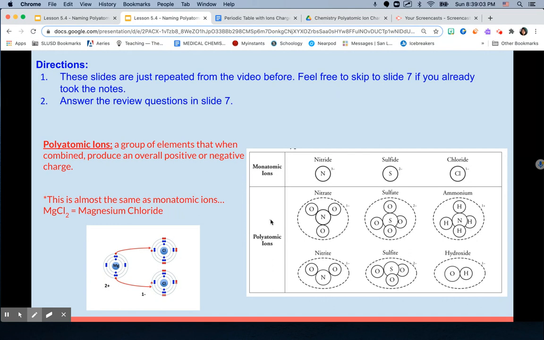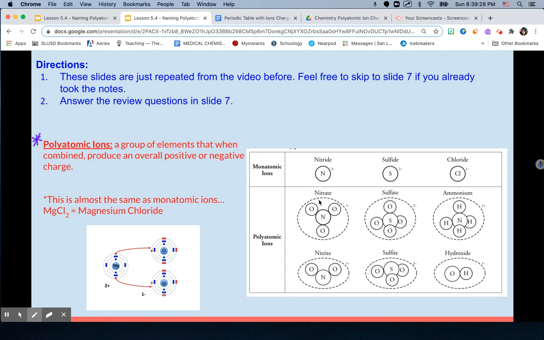And you might have noticed that the main difference between monatomic and polyatomic ions is that polyatomic ions are a group of elements. So there's more than one element that, when they're all combined together, produce an overall positive or negative charge. So this is essentially what a polyatomic ion is.